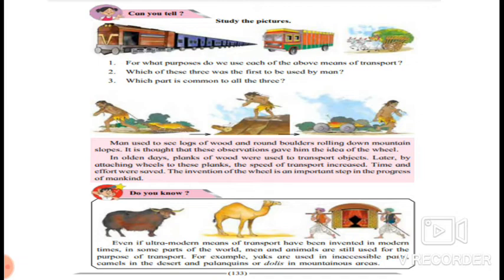Do you know, even if ultra-modern means of transport have been invented in modern times, in some parts of the world, men and animals are still used for the purpose of transport? For example, yaks are used in inaccessible parts, camels in the deserts, and palanquins or dollies in mountainous areas.